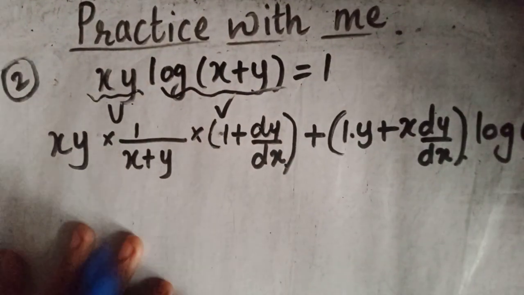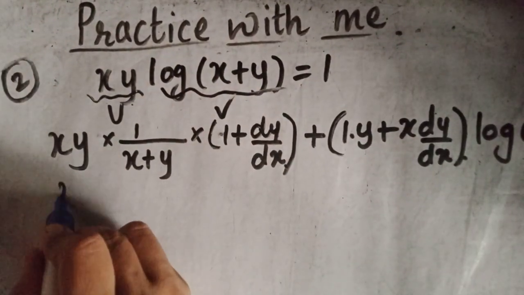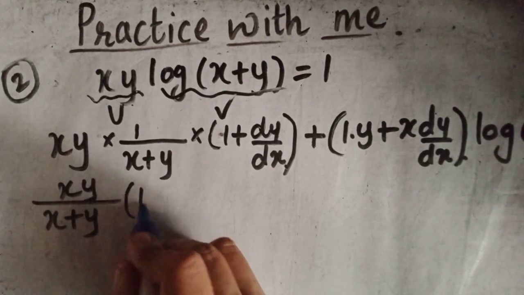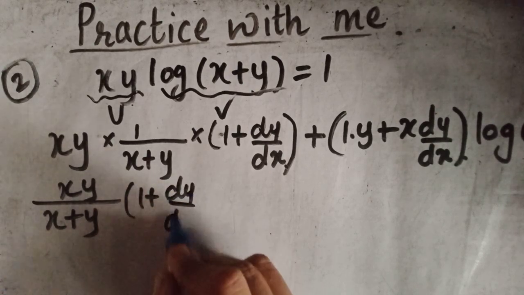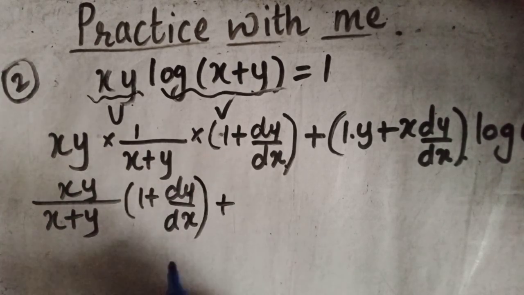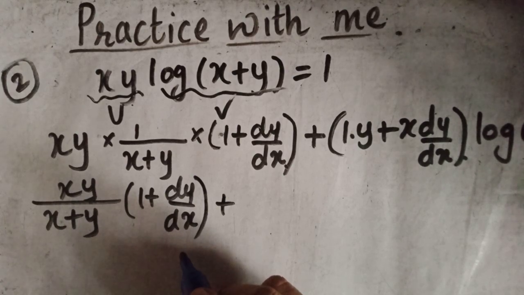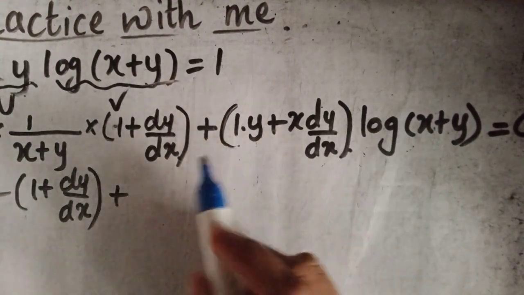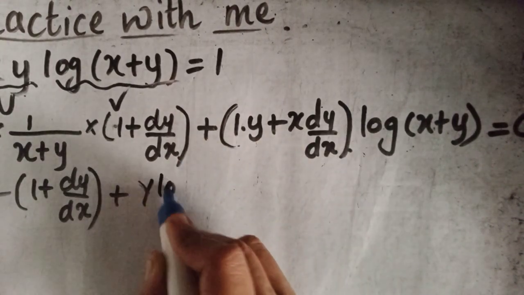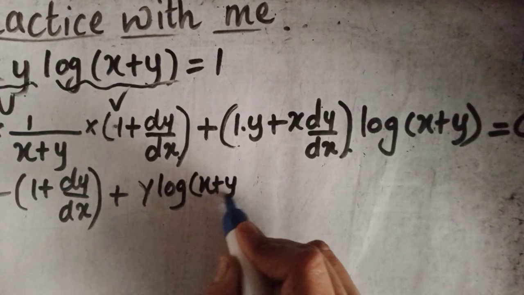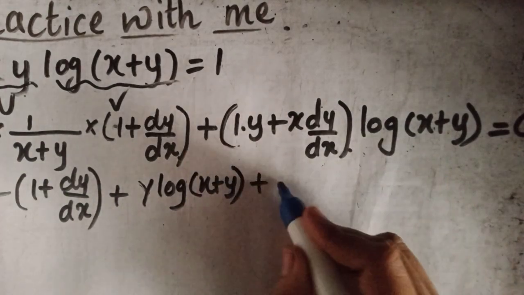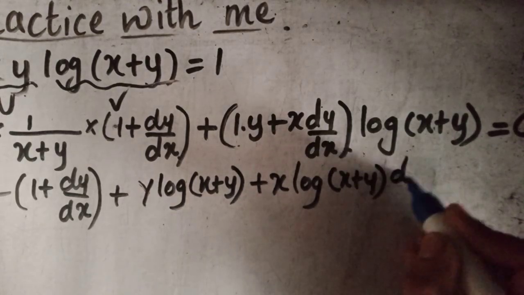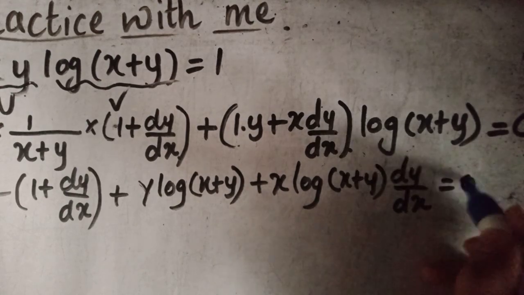So this is xy upon x plus y, 1 plus dy by dx, plus, I'll take that log inside, so this will be y log x plus y plus x log x plus y dy by dx equal to 0.